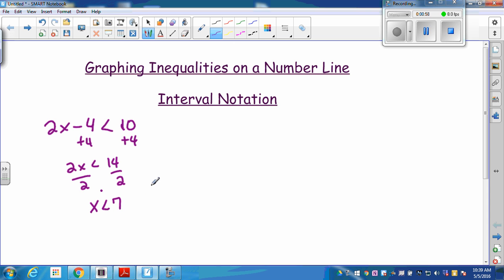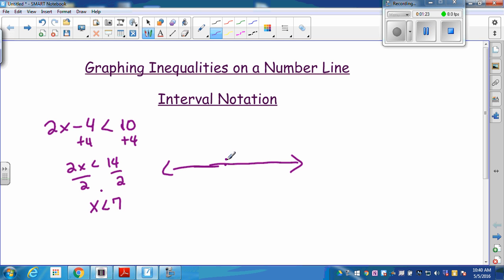Okay, so once you've gotten to this point right here, you're going to draw your number line. So you very simply draw a number line. Okay, and in the middle, we're going to focus this number line on our solution. So I want to graph all of the solutions where x is less than 7.